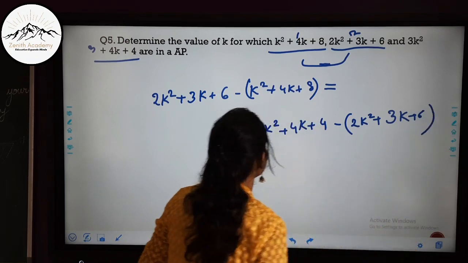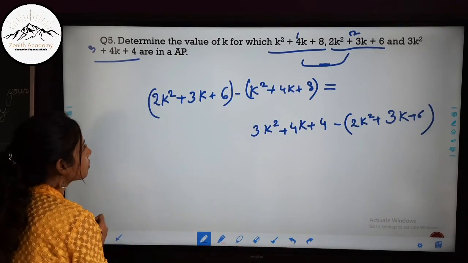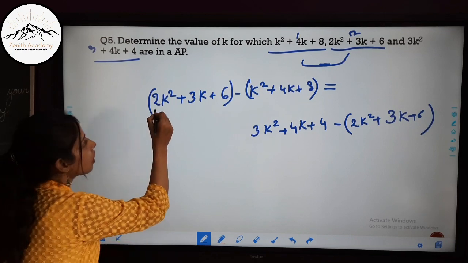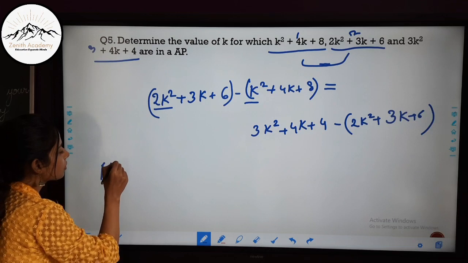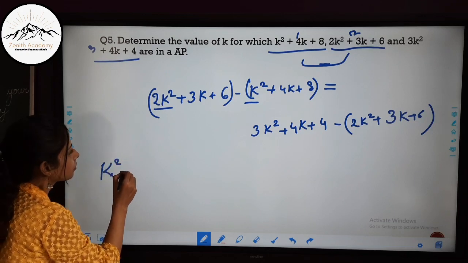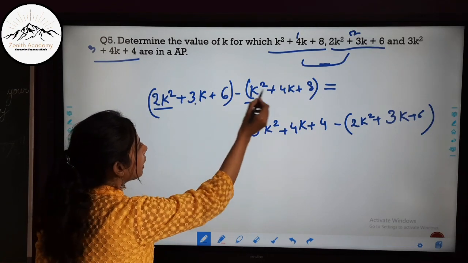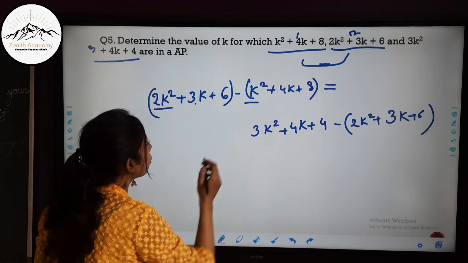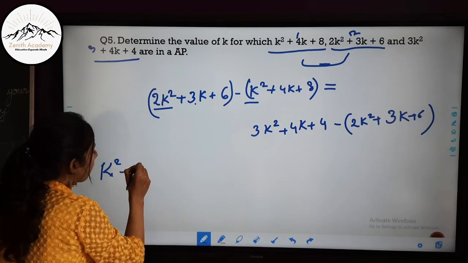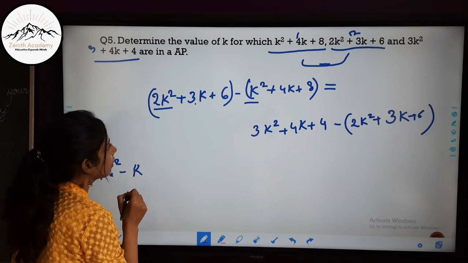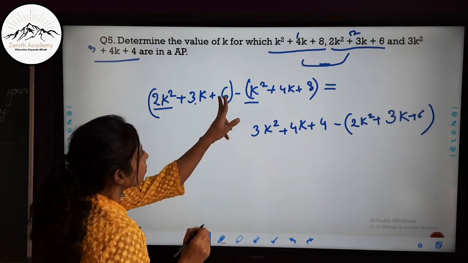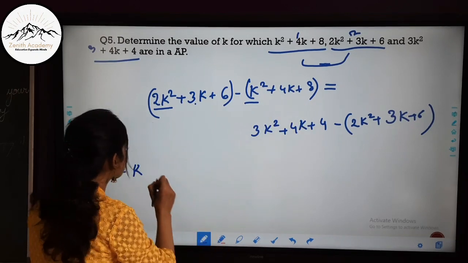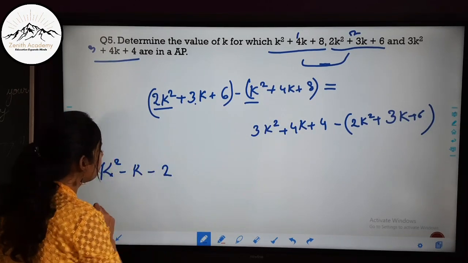Now just solving these equations, we'll get 2k square minus k square will give us k square, 3k minus 4k will give us minus k, plus 6 minus 8 will give us minus 2.